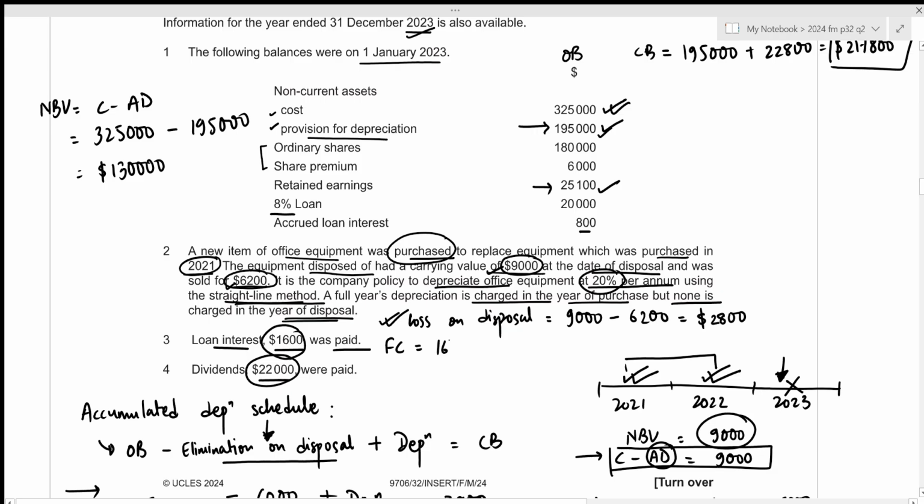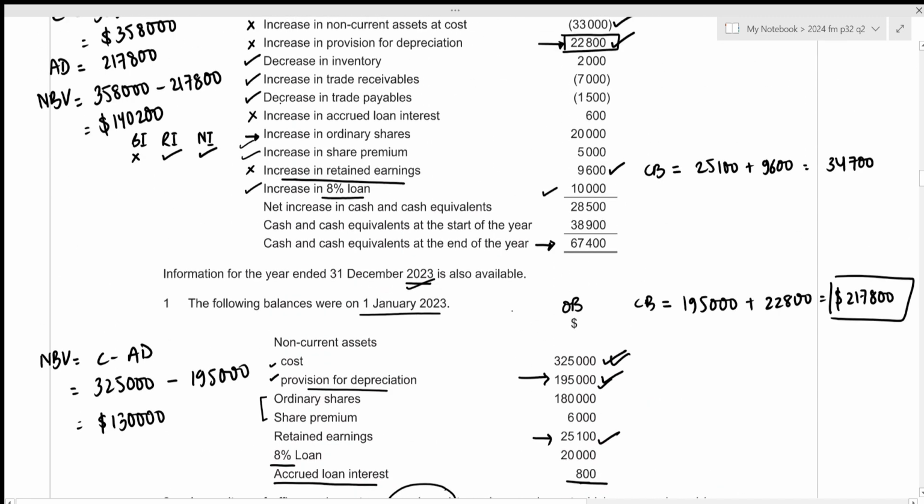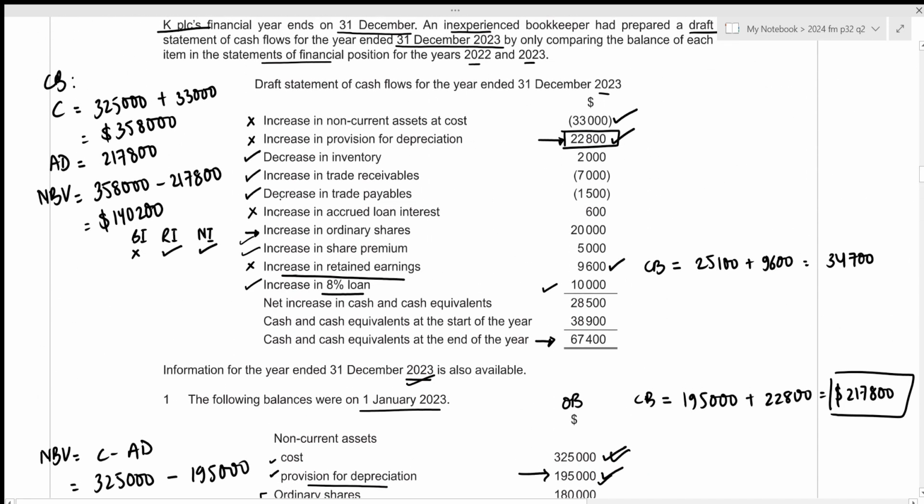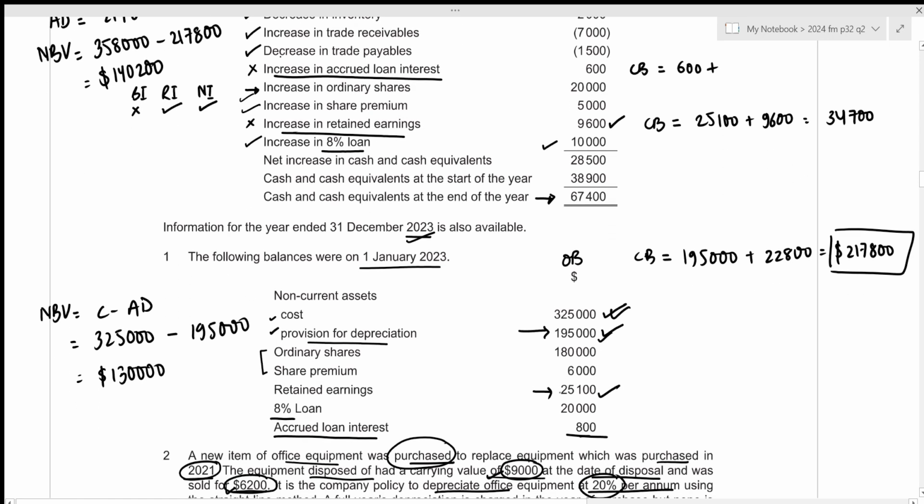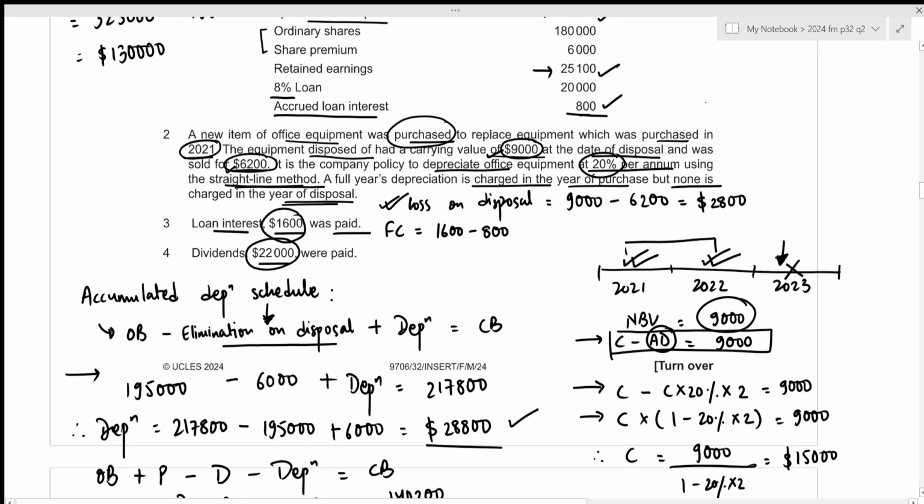So we can start with the amount of 1,600. Now we know that at the opening date, we had accrued loan interest of 800. So opening accruals will always be subtracted. Then we were also told that there was an increase in accrued loan interest. It means that the closing balance of accrued loan interest is 600 higher than our opening balance of accrued loan interest, which is 800. This results in the value of 1,400. So we have the closing accrued loan interest of 1,400, which is to be added.